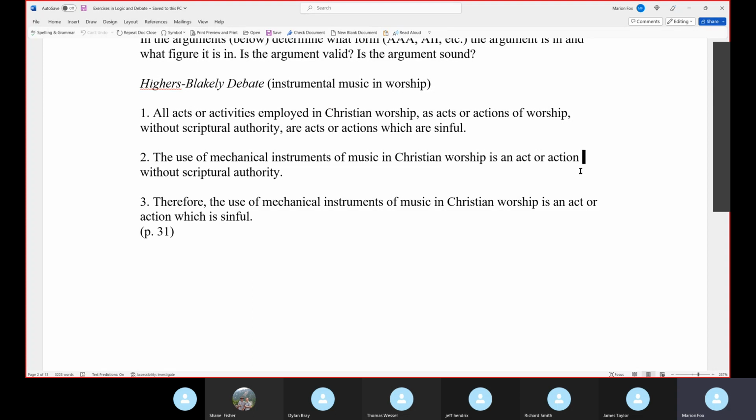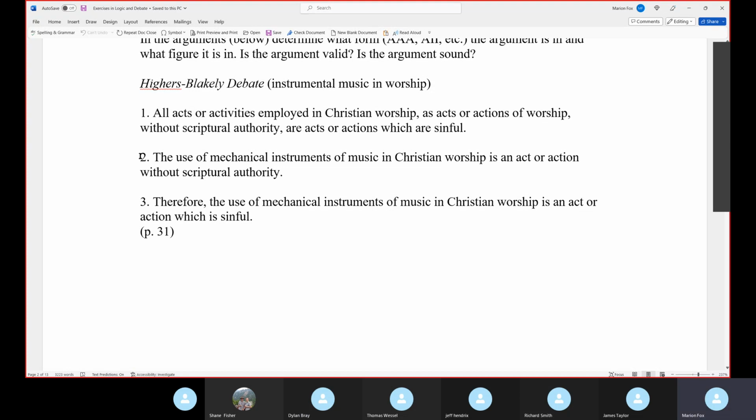Any questions? So now we can figure out what his argument is. Everybody see that? Now, what type of proposition is the first one? A, I, E, or O? A. An A type proposition. Everyone agree?